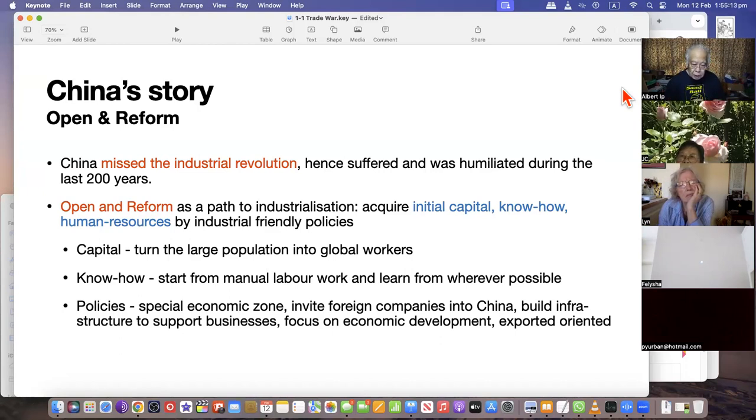One of the reasons is that China chose the low-end path, allowing everybody to participate in the global trade. Being a worker in a factory, a textile factory, making T-shirts, making shoes, and so on.